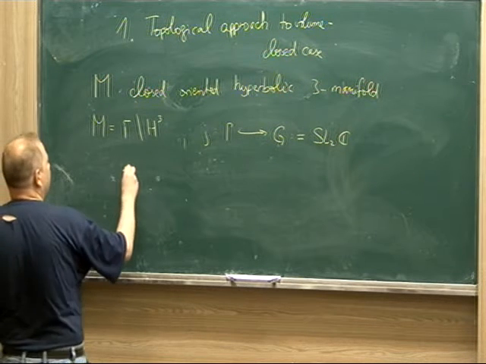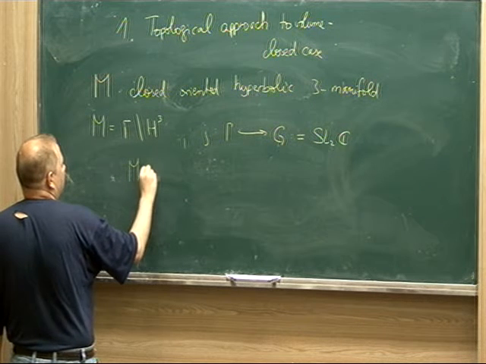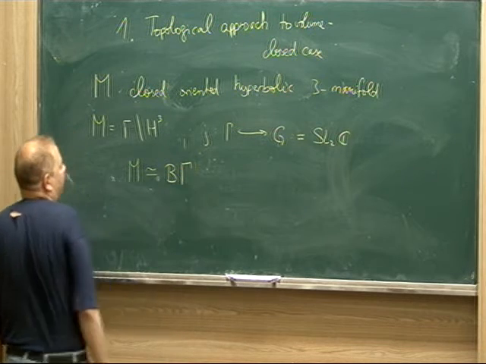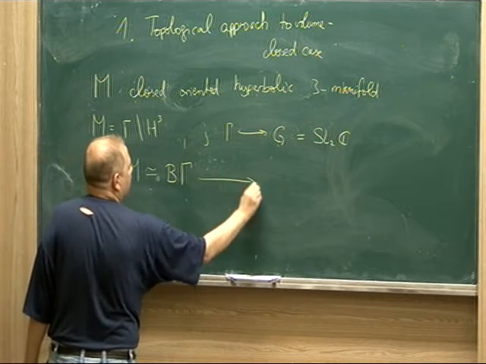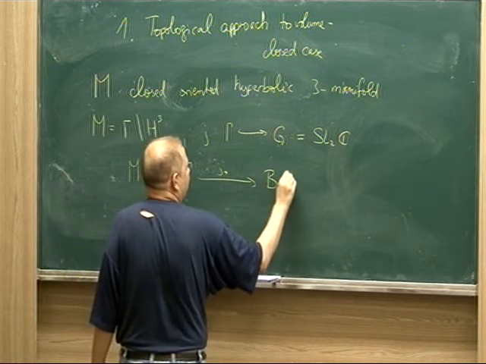As one knows, such hyperbolic manifolds are spherical, so they are equivalent to BΓ, the classifying space of the group Γ, and you can look at the corresponding map of classifying spaces.